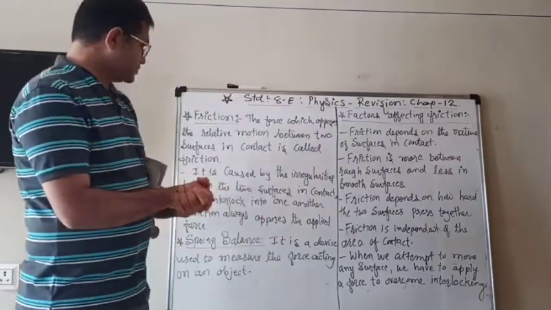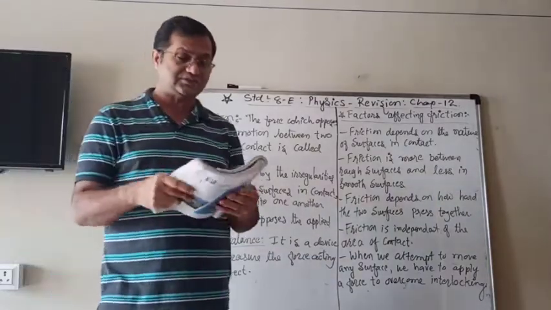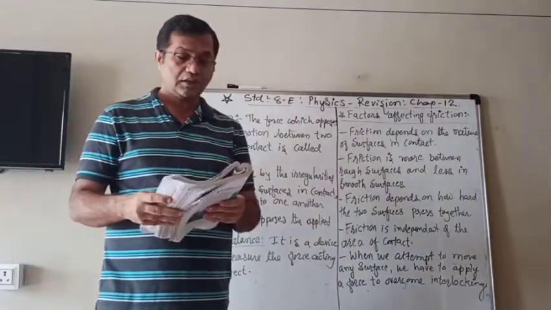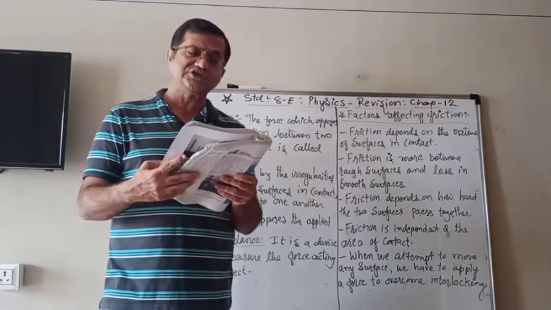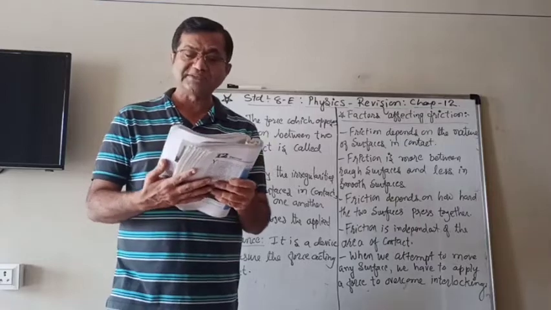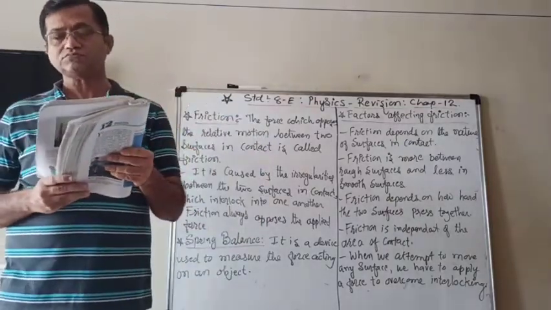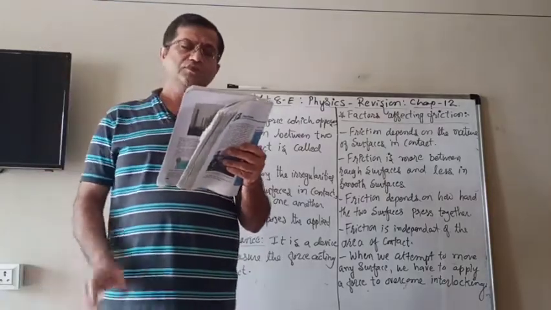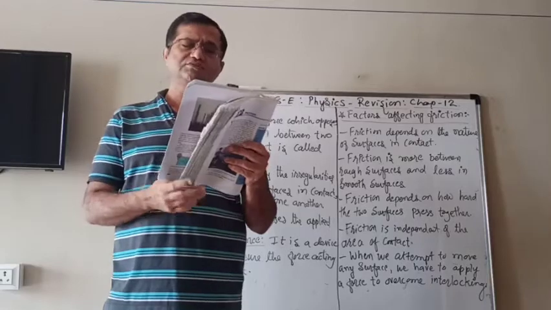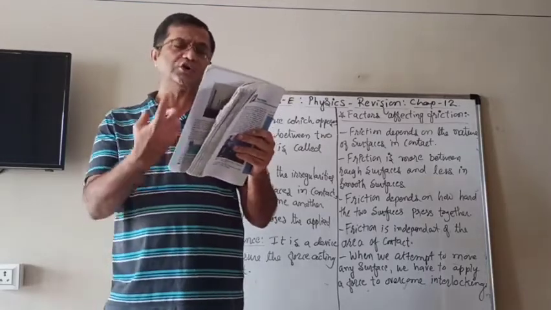Now, if you observe, the spring balance is a device used for measuring the force acting on an object, in which there is a coiled spring inside, and at the end of it there is a hook.